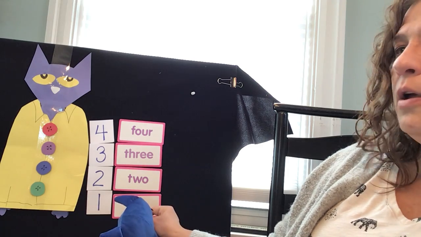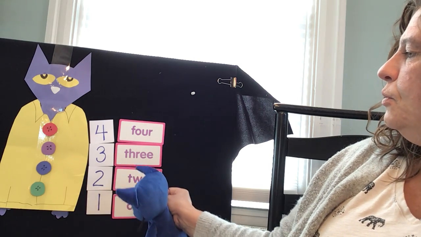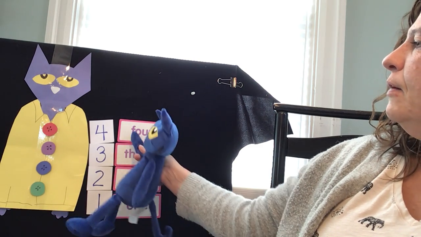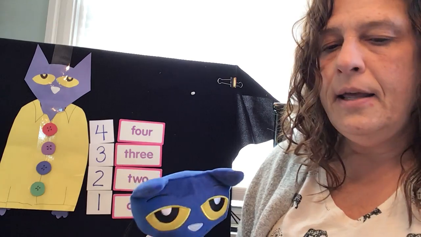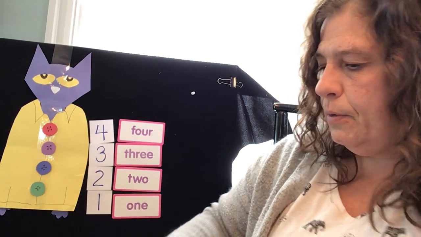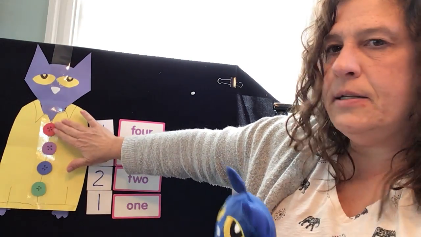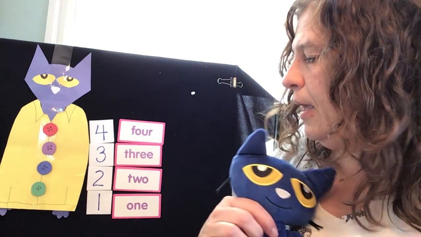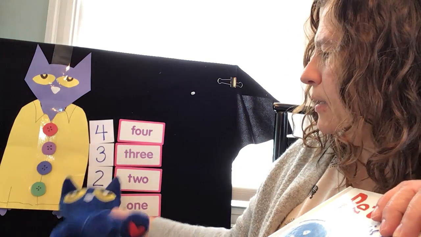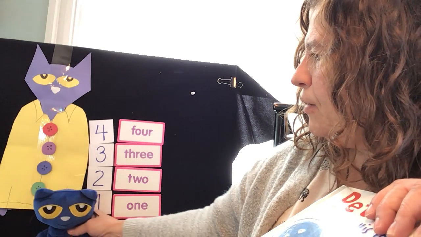And here they are. 1, 2, 3, 4. Okay, we're going to get started reading. And then we'll come over to this Pete whenever we need to take off a button. Okay, I'm going to let this Pete sit over here for now.